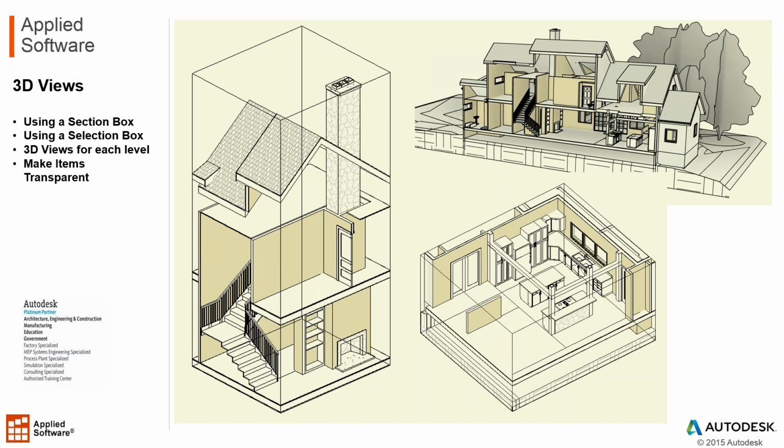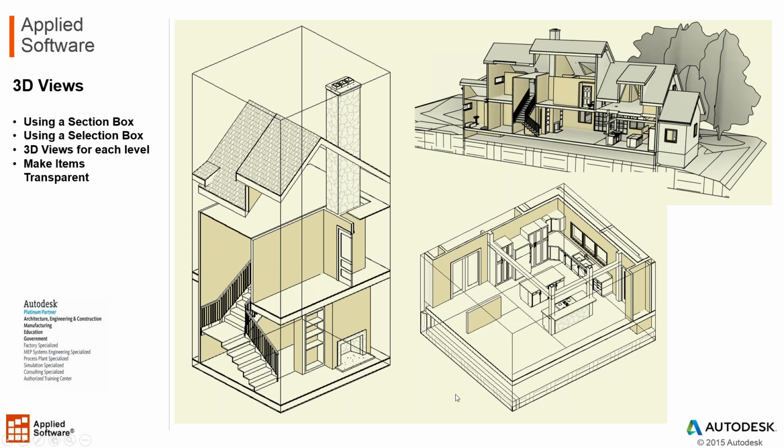I typically, when I start modeling, working on a project, will go ahead and create a 3D view for each individual level. So I'll have a 3D view of just level 1 and a 3D view just of level 2. And basically you can use this section box to take the 3D view and start cropping it down just to show that one level, just to show the level 2 or wherever you want to show there.